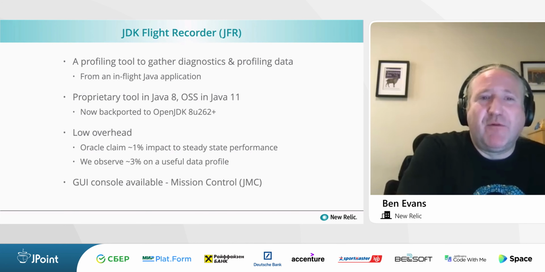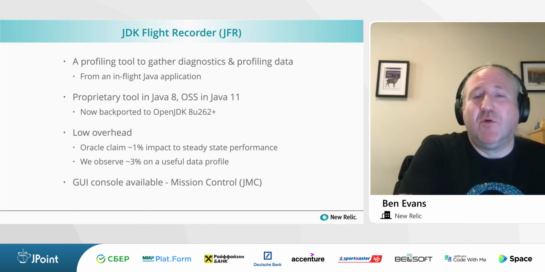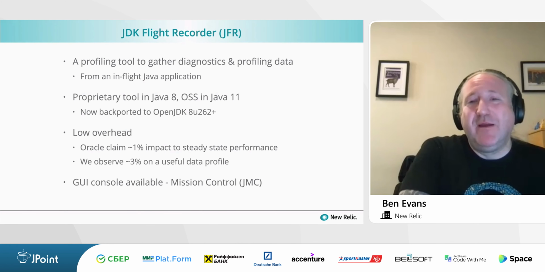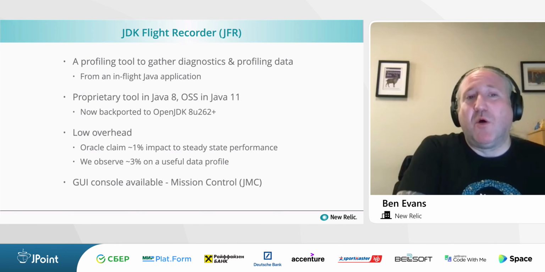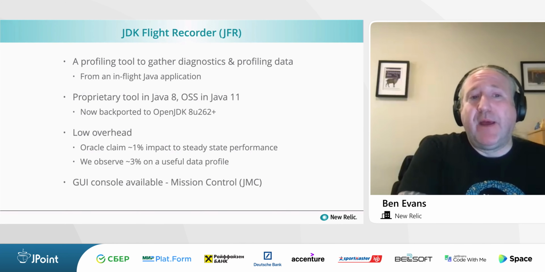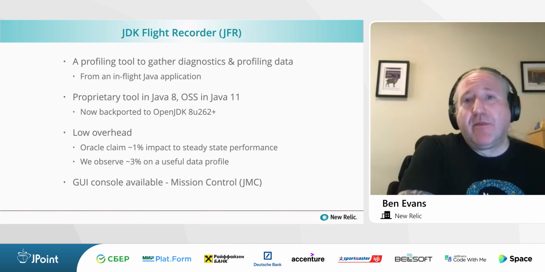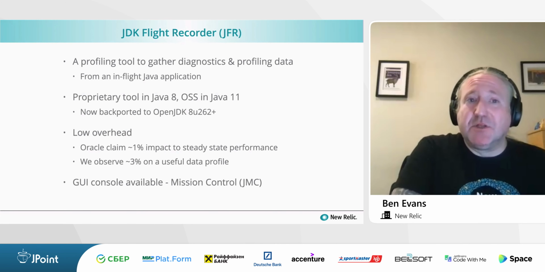Before that, it was called Java Flight Recorder, but that wasn't its original name either. Back in the day, when it was first created, it was actually called JRockit Flight Recorder. It goes all the way back that far, and it was part of the BEA tech stack that was acquired by Oracle. And then when Oracle also acquired Sun, they made the decision to bring JRockit Flight Recorder into HotSpot.